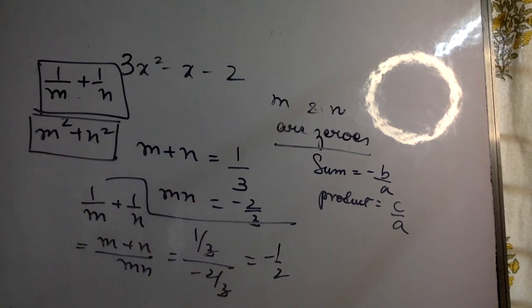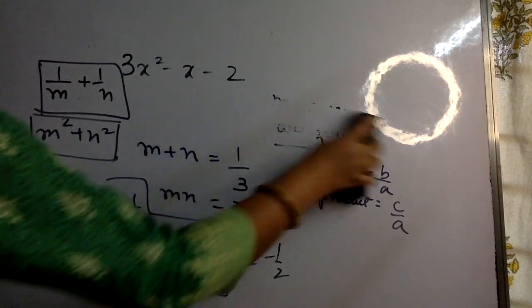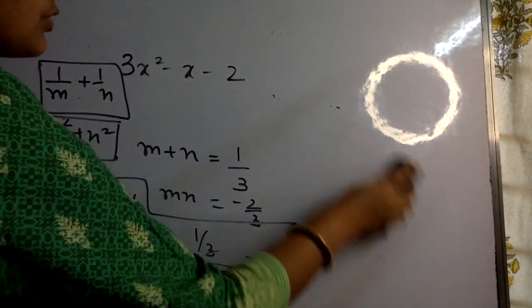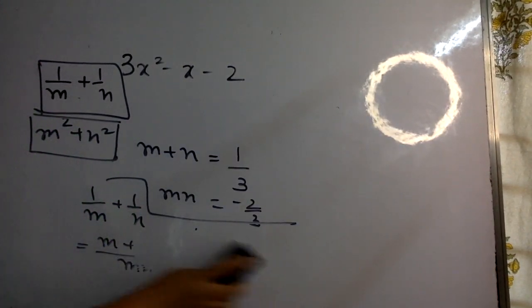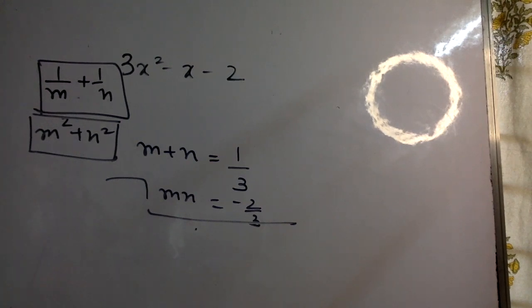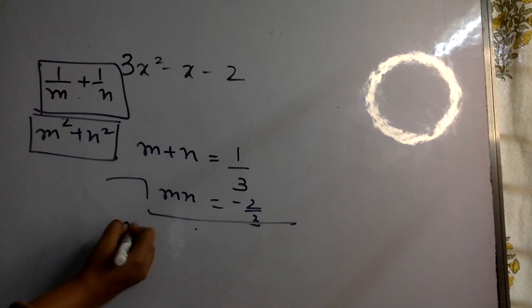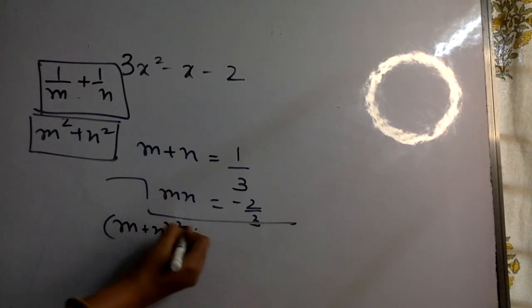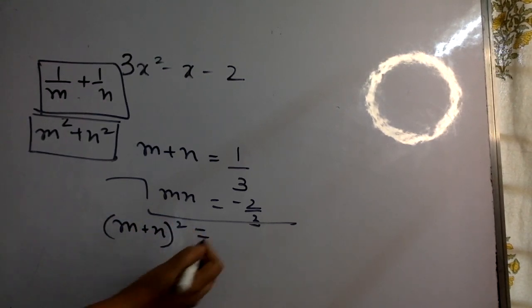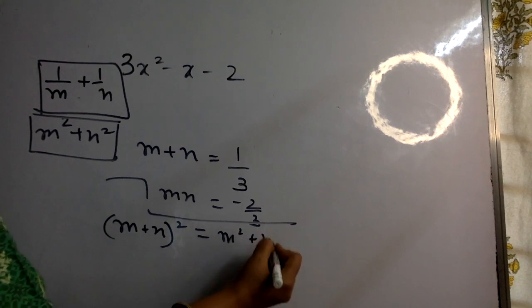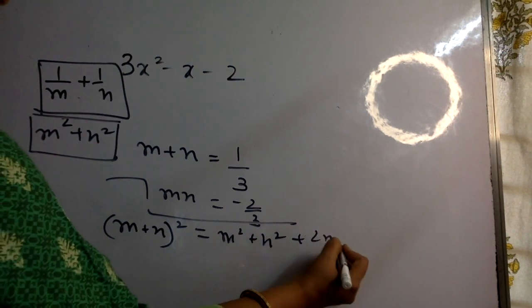The second one. What is the second one? They want us to find the value of this. So we'll use some algebra here, which is m plus n whole square, that is a plus b whole square, is a square plus b square plus 2mn.